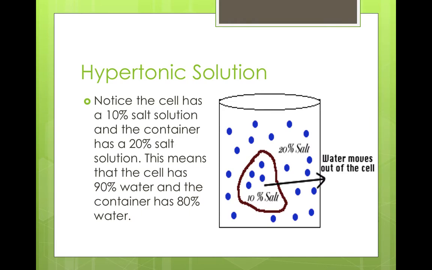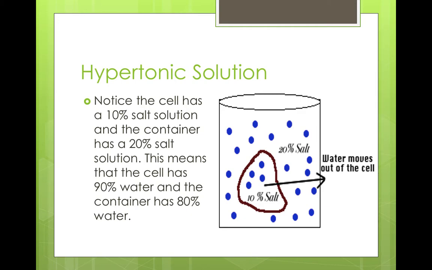So I have some images to go over each one. So right here, what we see in a hypertonic solution, where it has the 10% salt and this brown circular-ish looking thing going around it, we're going to say that that's the cell. So if we have 10% salt inside the cell and we have 20% salt outside the cell, what we have to remember is that we're talking about water moving here.